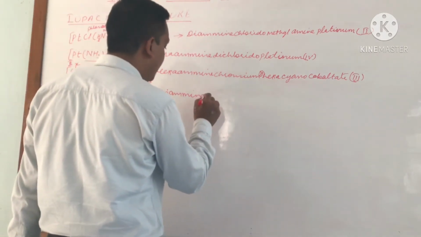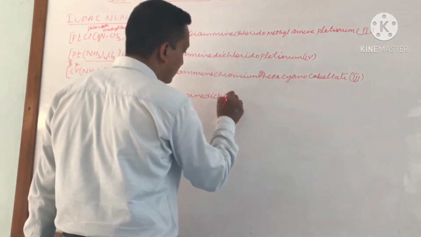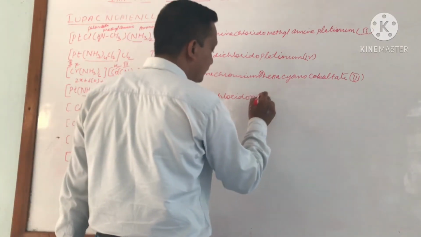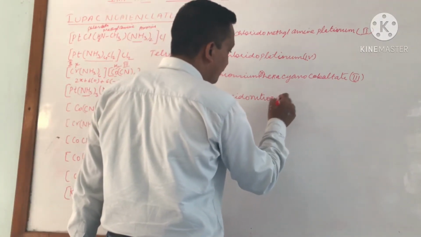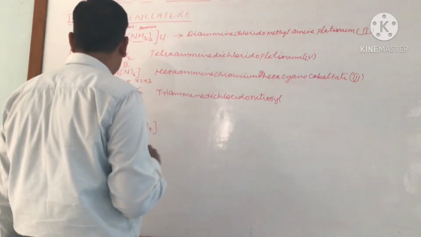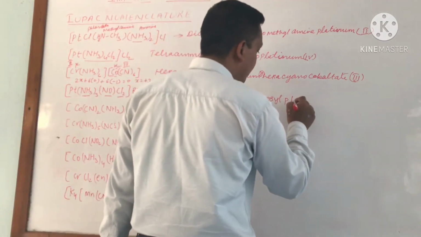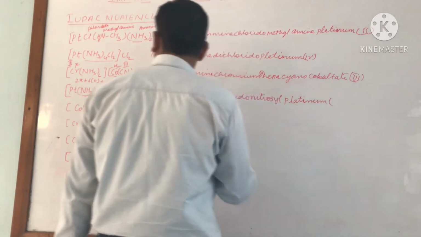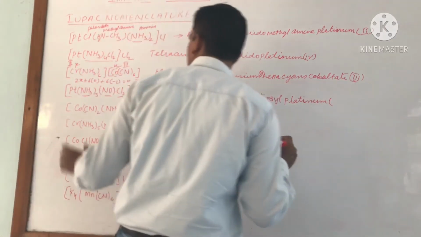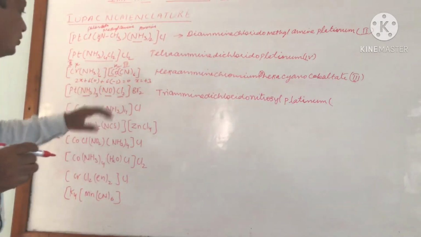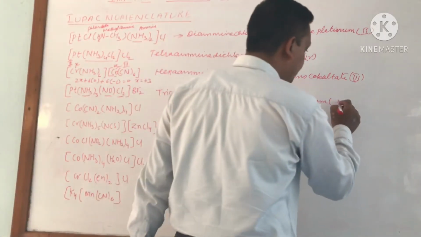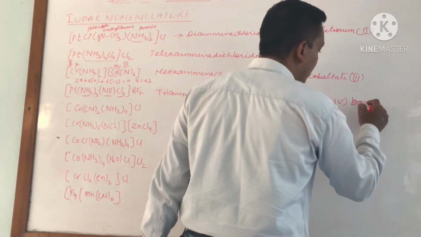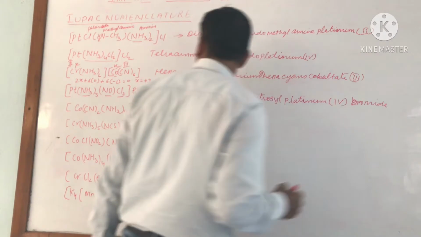So triamine dichlorido nitrosyl platinum, and the oxidation state of platinum in this complex would be 4. So it would be (IV), then bromide. So this would be the IUPAC name.